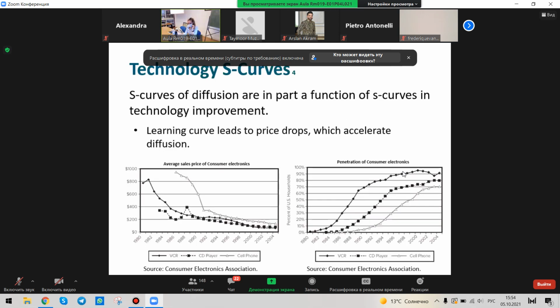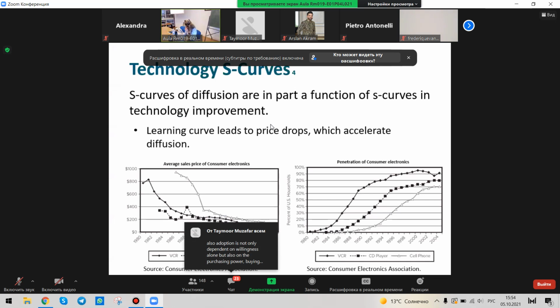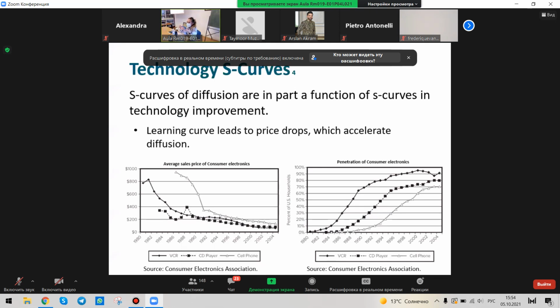So the S-curve is, of course, related to the improvement. So these two curves have the same shape and are, of course, influenced by each other. Here we have the representation of the sales price of electronics, video cassette recorders, DVDs, and cell phones.